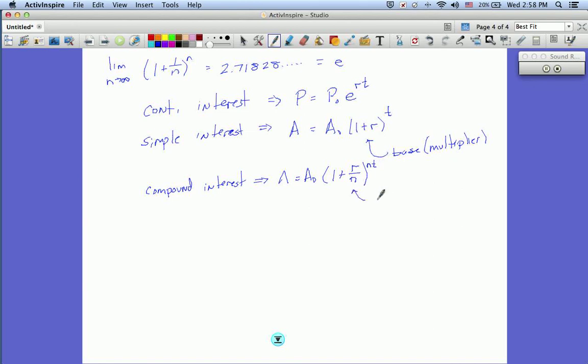Okay, so we're talking here. Is this quarterly? Well, if it is, number of compounds, 4. Monthly, 12. Daily, 365. Always? Wrong equation.